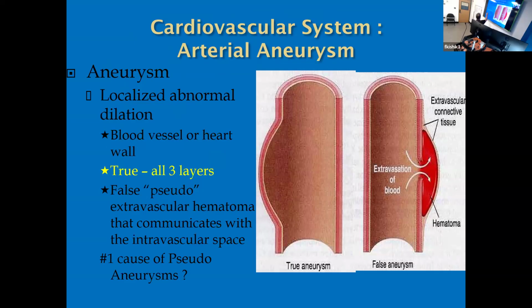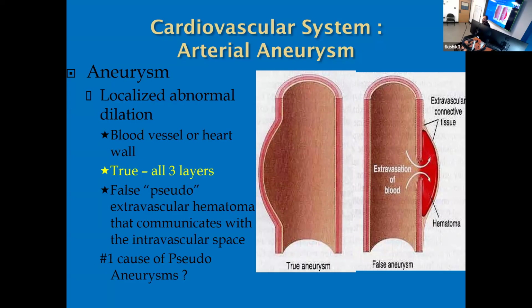A true aneurysm is going to affect all 3 layers, whereas a pseudoaneurysm will only be 1 or 2 of the layers. Blood can bleed out, and this is a pseudoaneurysm over here, because if you look at the adventitia, it's only there to hold the blood, whereas in a true aneurysm the adventitia is bowed with it, and there's really nothing else causing it.